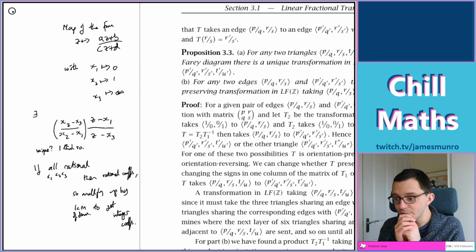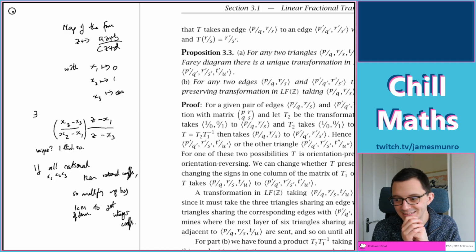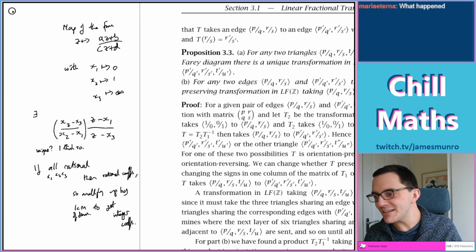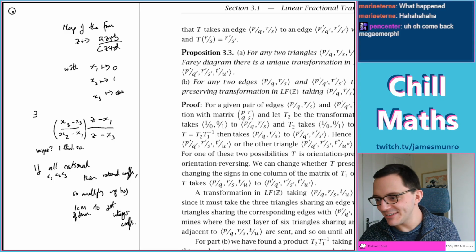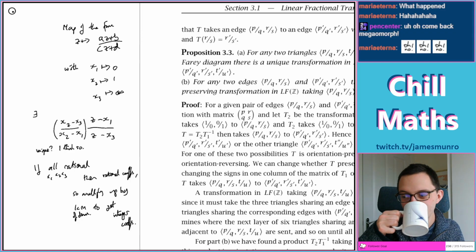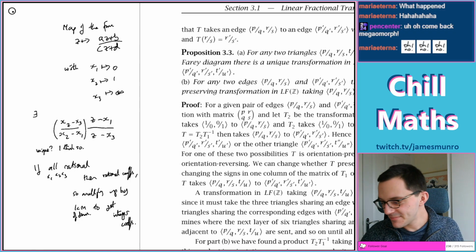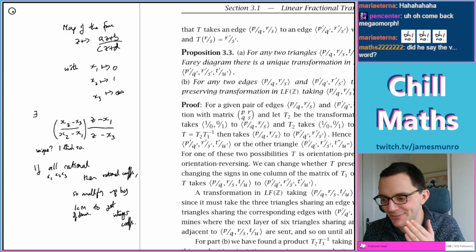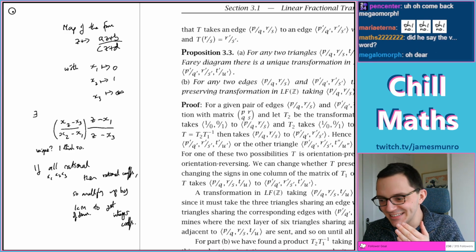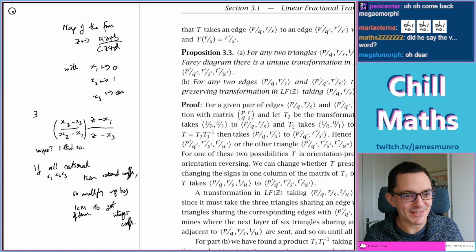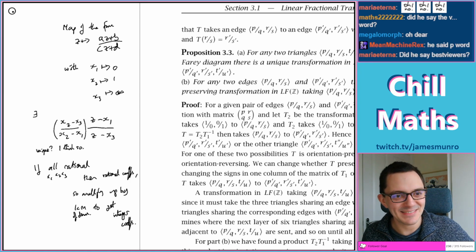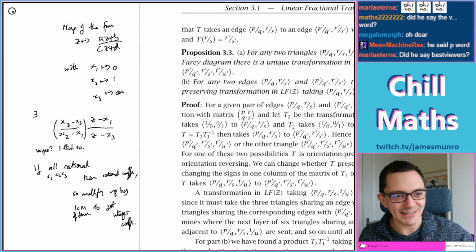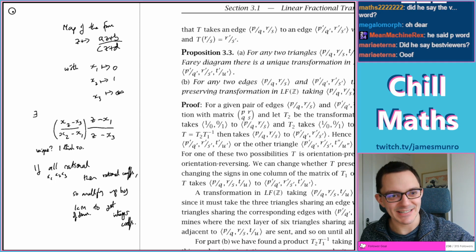Megalomorph got timed out. What did you say? Megalomorph, sorry. Why did it delete your chat history as well? Did you hit one of our ban words? No. We got a false positive. You're back. Good. Right. You've discovered a word that we're not allowed to say in chat. Don't make me ban it without the space as well.